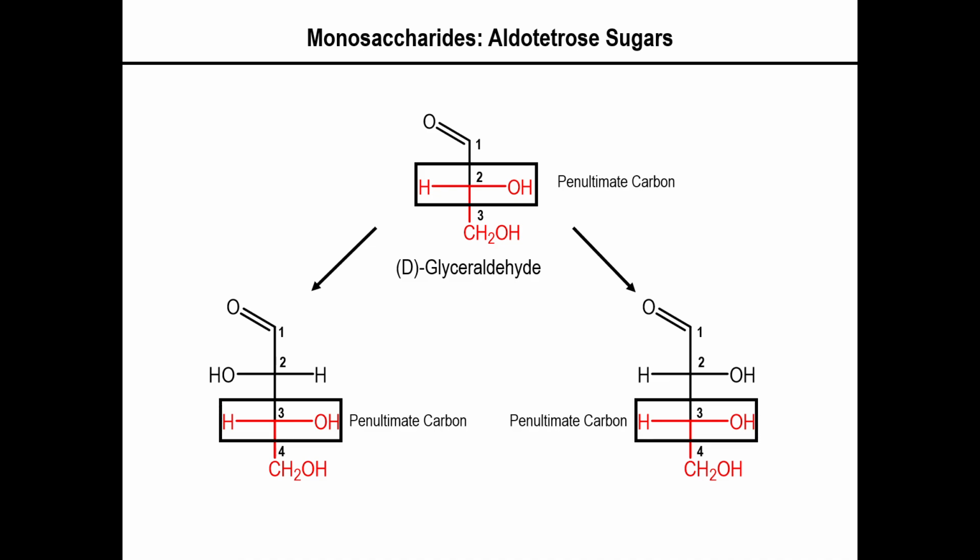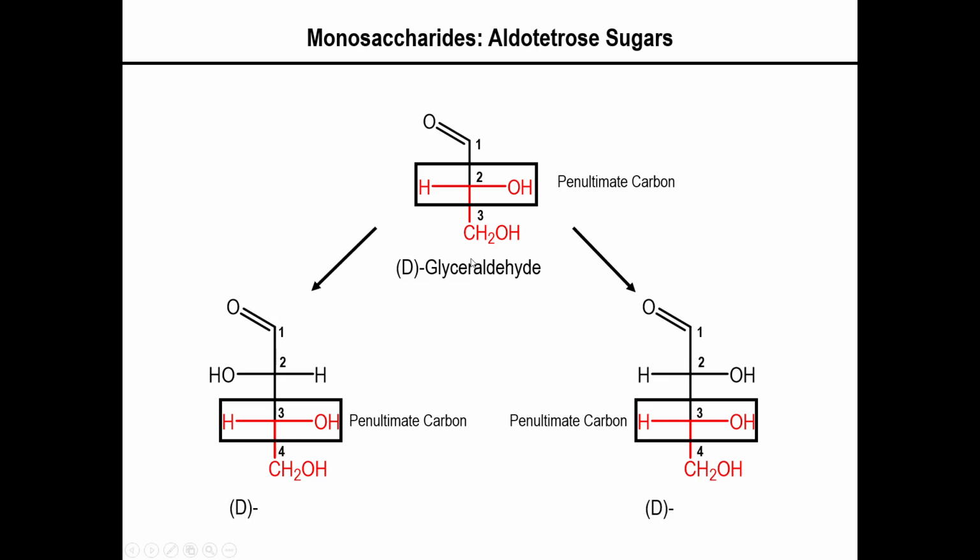Now, it doesn't change the fact that the penultimate carbon, and this time around the penultimate carbon is carbon 3, because you have 4 carbons in total. The penultimate is 1 less than the full count, so position 3. It doesn't change the fact that this penultimate hydroxyl is pointing to the right. So both of these 2 sugars, which are different from each other, are D sugars, okay?